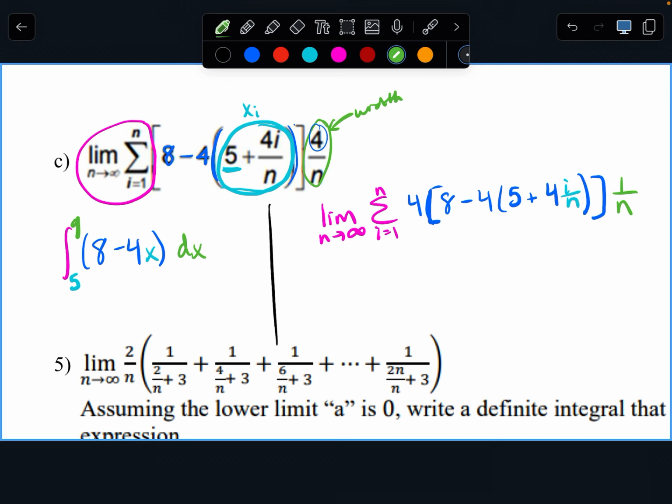Because what I'm looking for is that I over n, it has to be the same number as that width, 1 over n. So I put the 4 way at the beginning, and then I drop the 4 out of the in part, the part that's changing, and that's where my x is going to go.